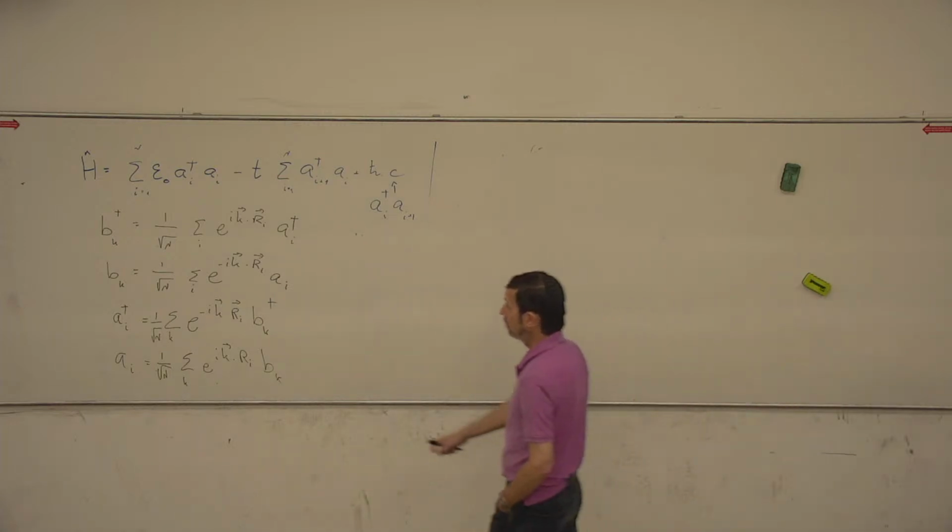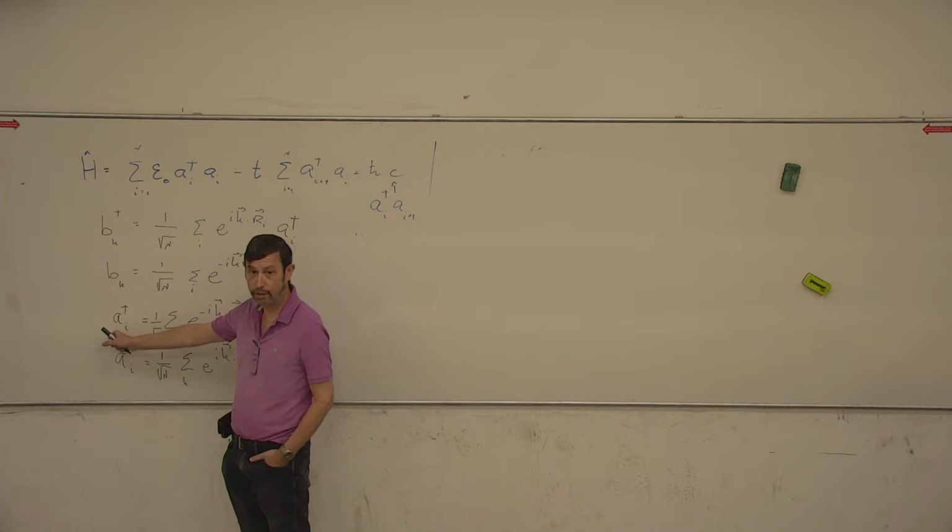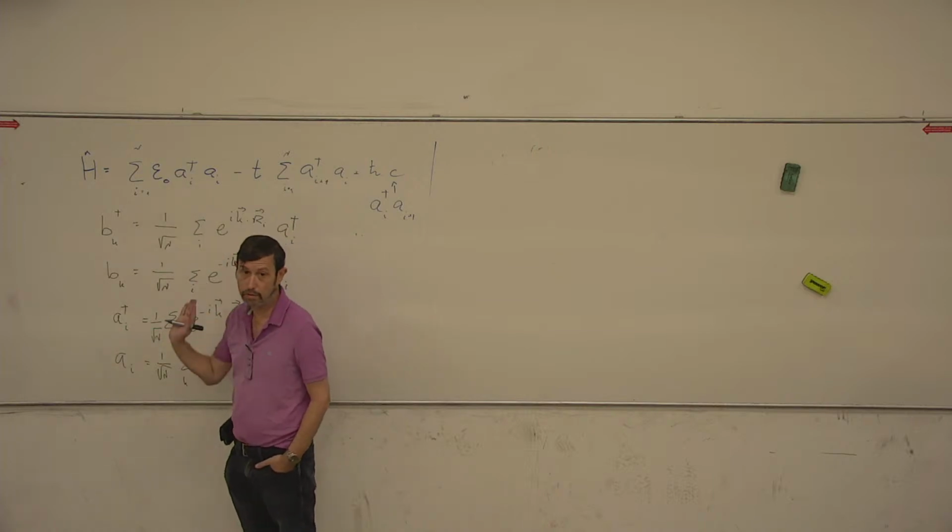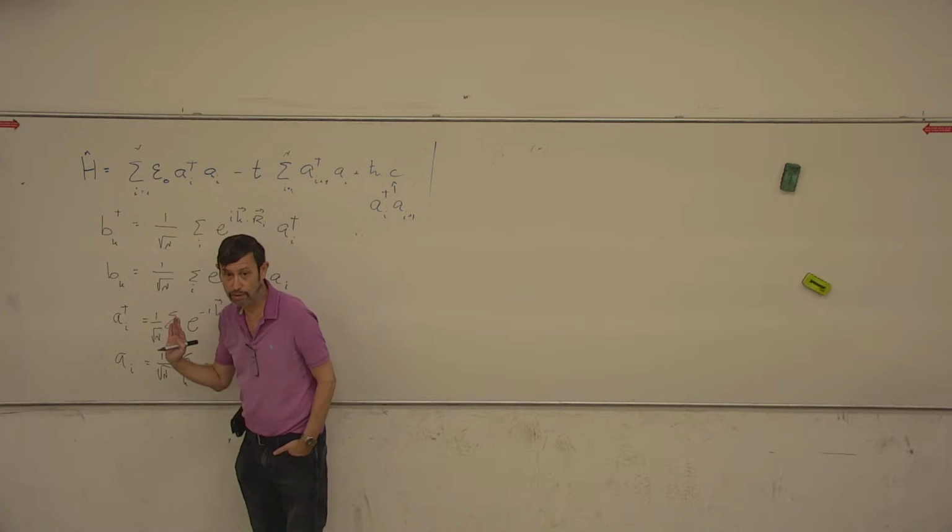Now I just insert the definition of A_i into the Hamiltonian. Nothing more, nothing less.